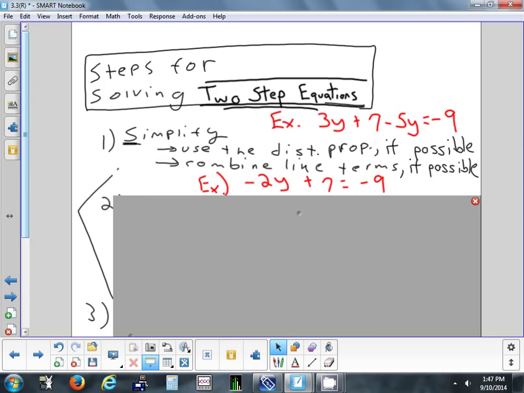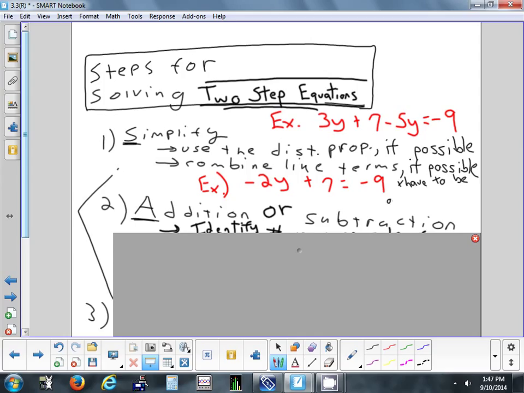You might want to add that to your notes, squeezing it in somewhere: they have to be on the same side of the equal sign.